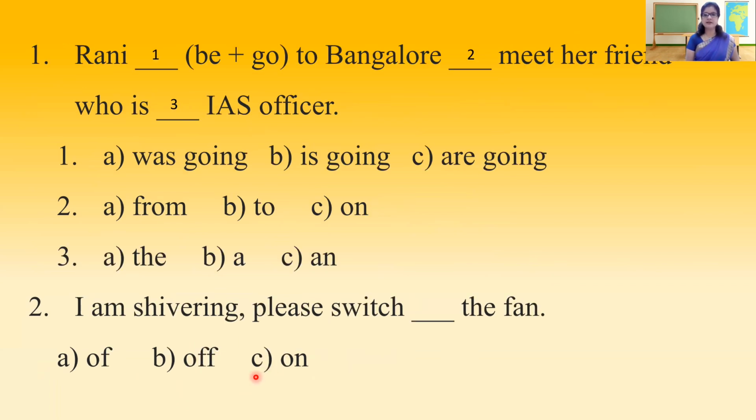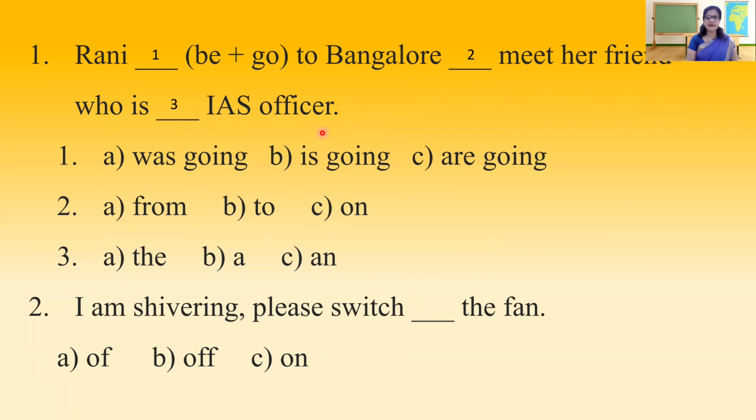Next one, Rani dash to Bangalore dash to meet her friend who is dash IAS officer. First one, here we have was going, is going, are going. Rani is singular, isn't it? Be form, be plus go. So Rani is going to Bangalore.